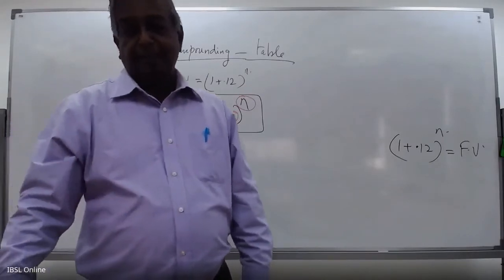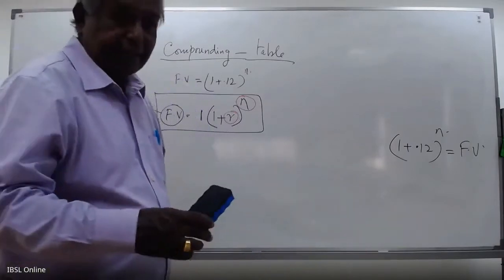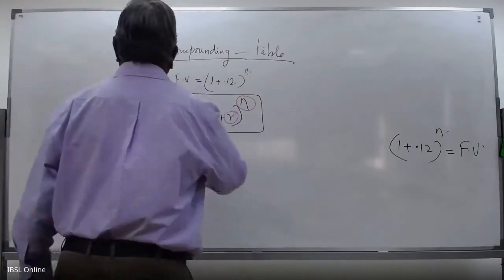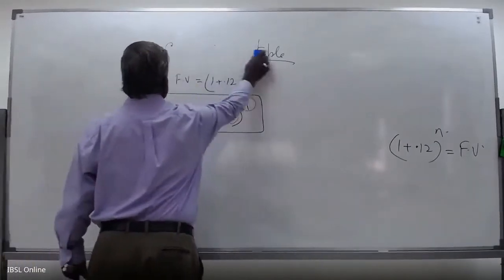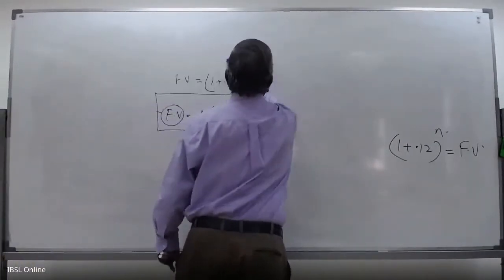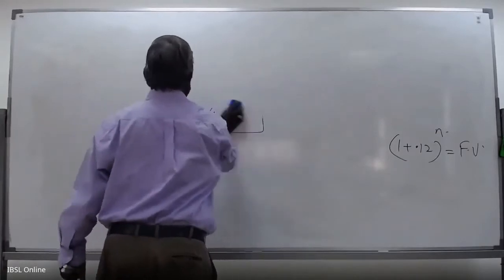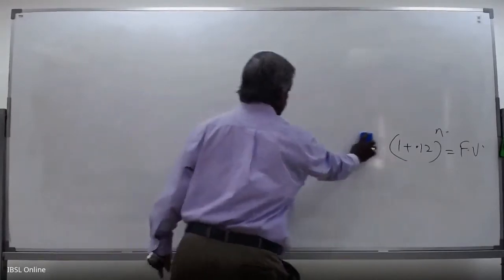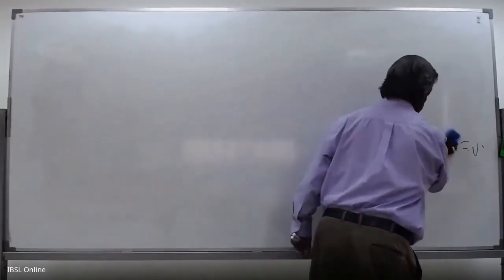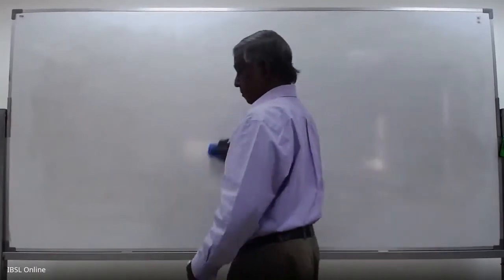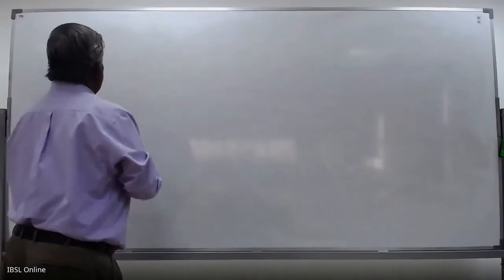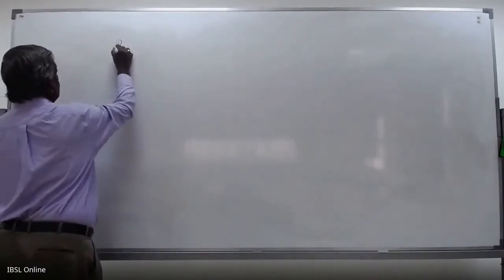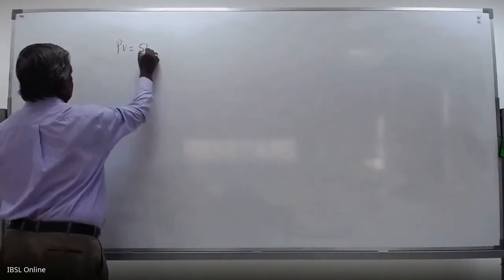Now, there's a small exercise. Let us do. PV is 5,000 rupees.